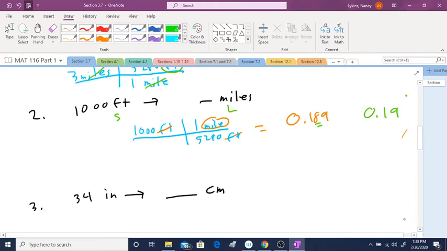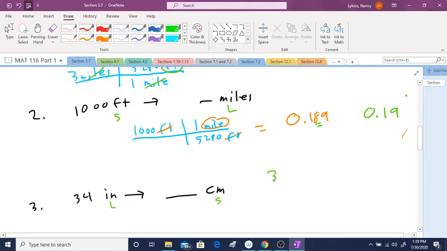What about if you have 34 inches to centimeters? Well, I know that inches is my larger unit, even though it's not large, it's larger than centimeters. Centimeters is my small. So that means I know I'm going to have to multiply.